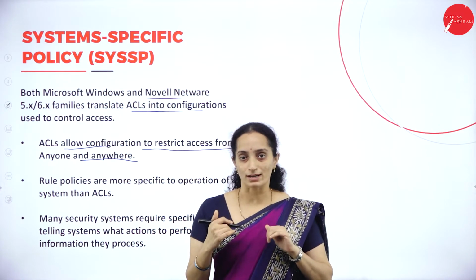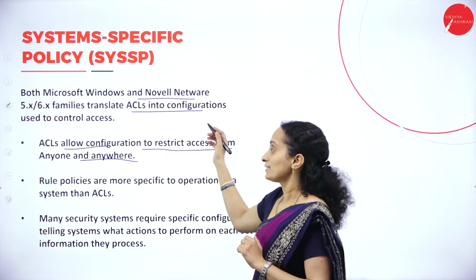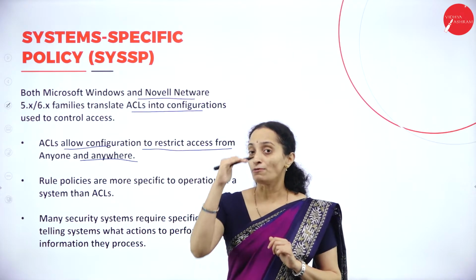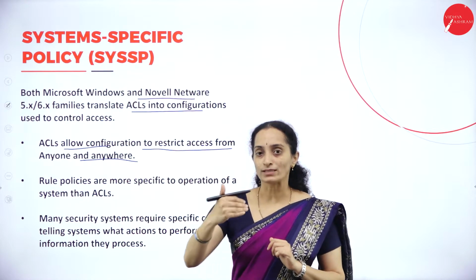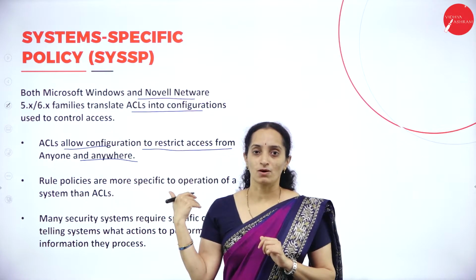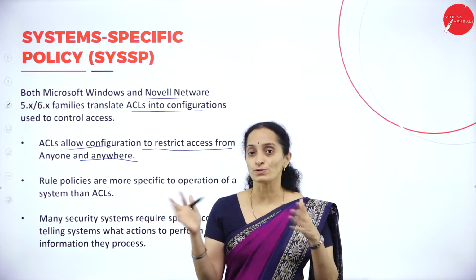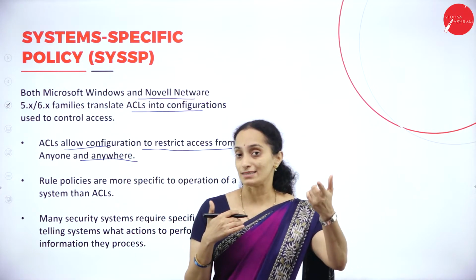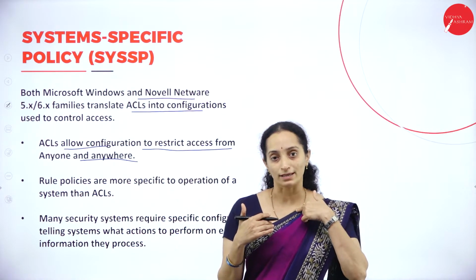Once I leave the organization, the security policy must take care that this person will not be able to access the system of the organization. If I have left that organization and joined some other or am doing something else, I must not be able to access the same data from the organization.